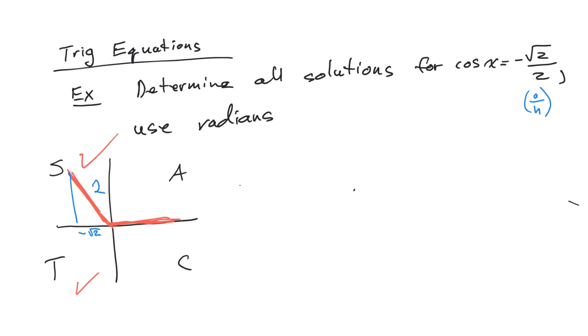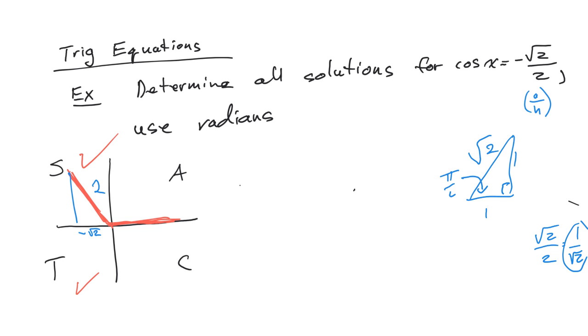Now, when you take a look at this, you're going to find the following. If I take the root of 2 over 2 and I simplify it, it's going to end up being 1 over root 2, which tells me that I have my root 2 triangle, 1 and 1, and that means that this angle here is pi over 4, i.e. 45 degrees.